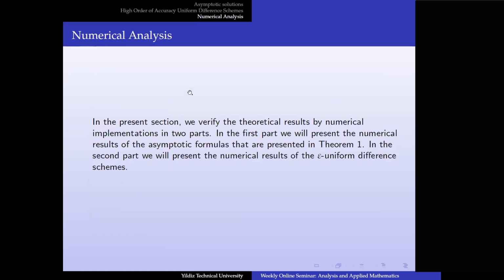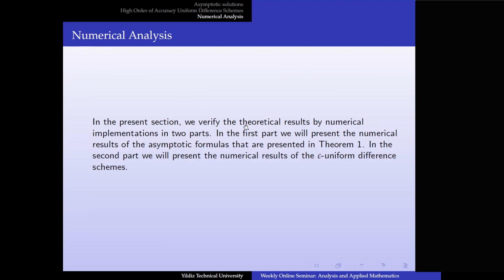In the last part, I will present numerical analysis and some numerical results of the abstract statements which we presented so far.